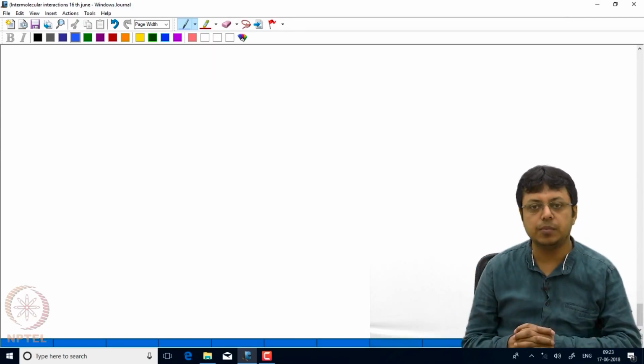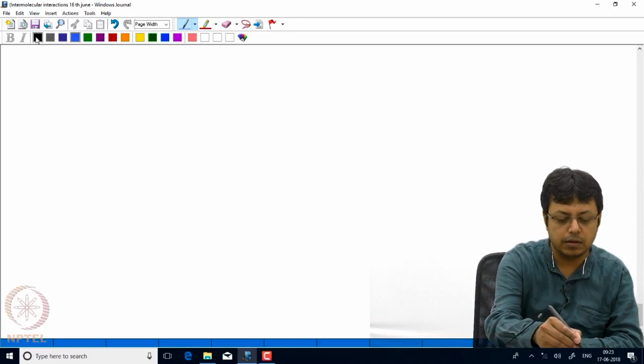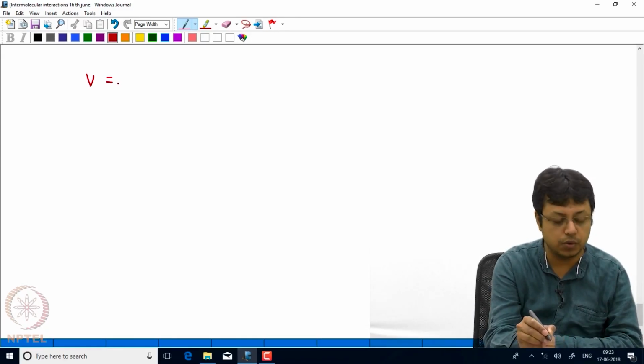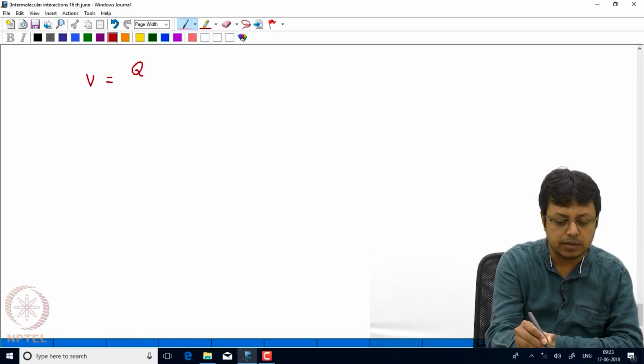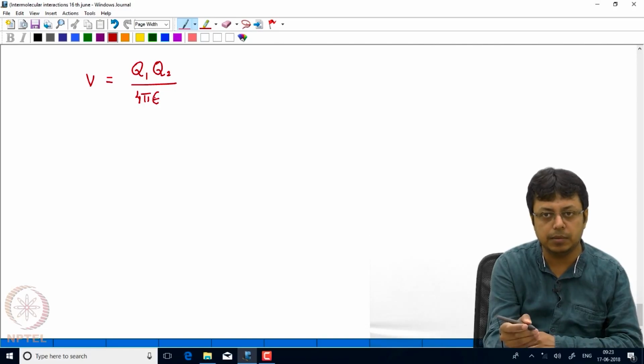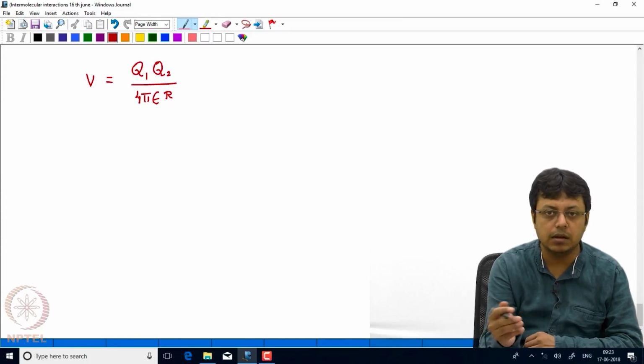So the interaction potential for two charges, you already know, if I write the interaction potential as V, and the charges are Q1 and Q2, then the interaction potential will be Q1 Q2 by 4 pi epsilon, where epsilon is the permittivity of the medium, which will be epsilon 0 if it is in vacuum, or epsilon 0 times epsilon r, the relative permittivity, if it is in some medium, and r is the inter-charge separation distance.